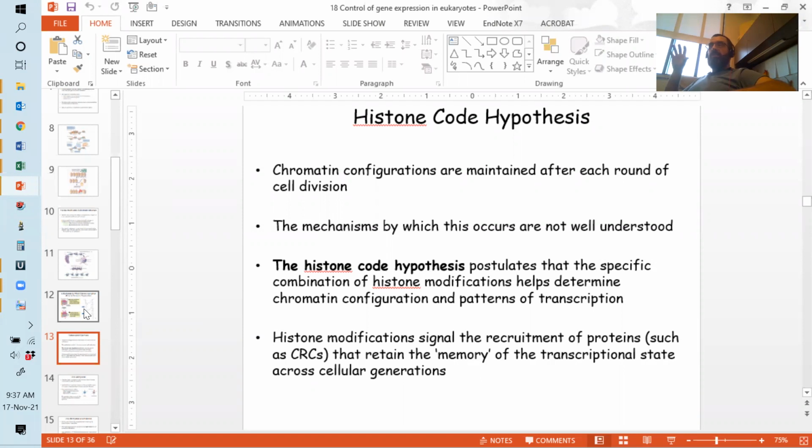So it's almost like not only are you giving your child an instruction set, right, the DNA, all the different genes and alleles and variations and so on, but you're also giving them, in a sense, a guide to how to read that instruction set, right? Pay attention to this one, don't pay attention to that one, right? And so that's going to affect the physiology, the development, the phenotypes of that offspring, in addition to all the information encoded by the DNA, right?